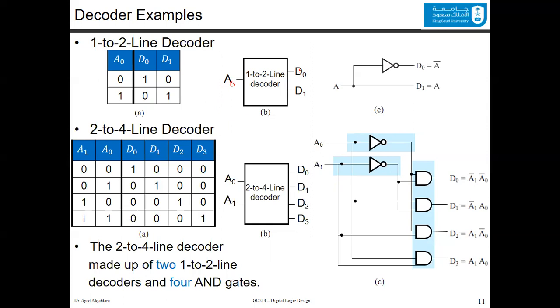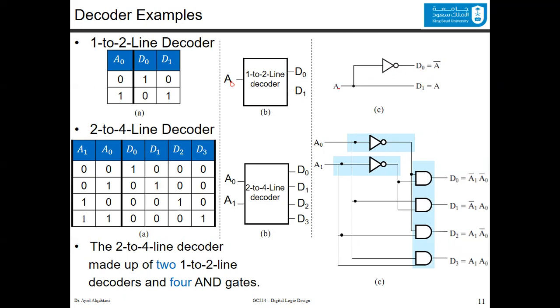To get the outputs D0 and D1, the idea is very simple. D0 will correspond to the first minterm, and D1 will be tied to the second minterm. The first minterm will be A bar, and the second minterm is going to be A. So we get the equations of the outputs D0 and D1 by knowing the minterms that we studied before.